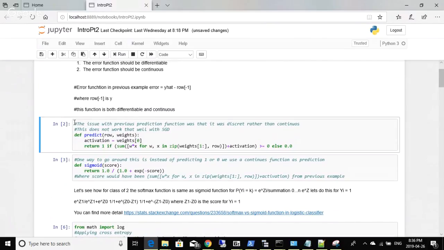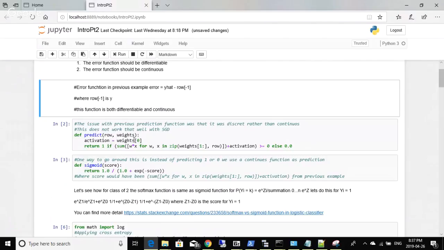With the previous example, you also noticed how hard it was for the perceptron to use stochastic gradient descent to arrive at the correct, well, actually optimal classification. There are two reasons. One was because the x variable was very large in size.